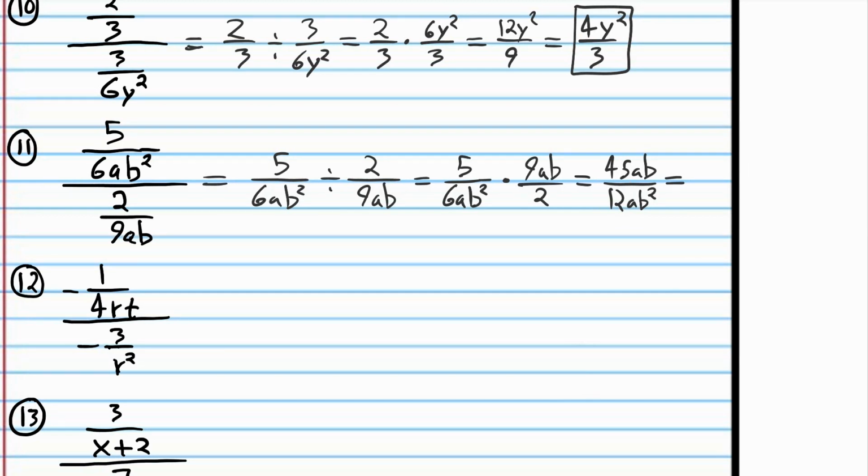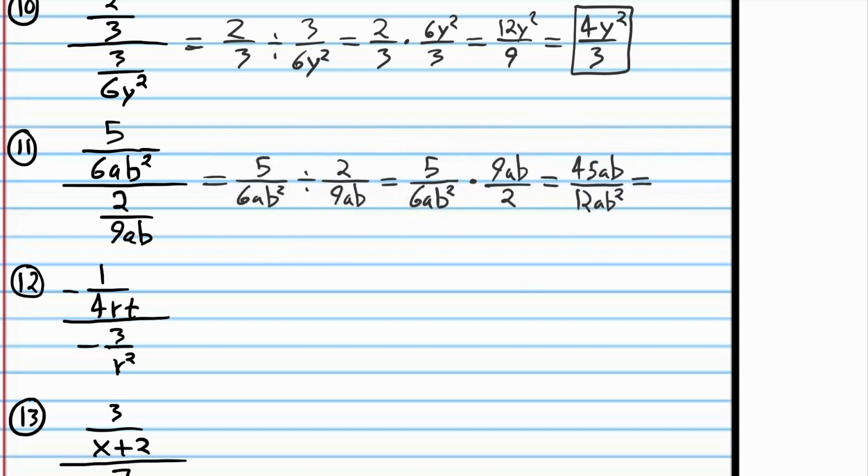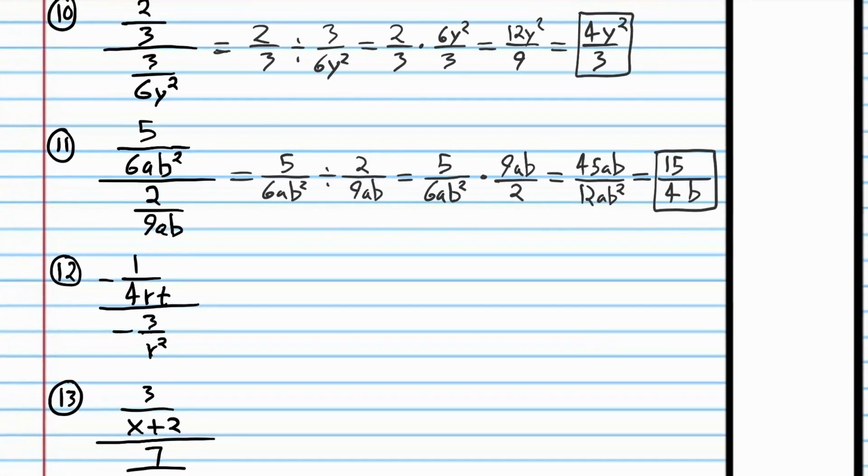And let me shrink some of this stuff. 45 divided by 3 is 15, and you can get your calculator out if you don't believe me on that. 12 divided by 3 is 4. And the a's just disappear because the powers are the same, and then we just have one b in the bottom because there's more b's in the bottom than on the top, and 2 minus 1 is 1. So I've got 15 over 4b. Good job.